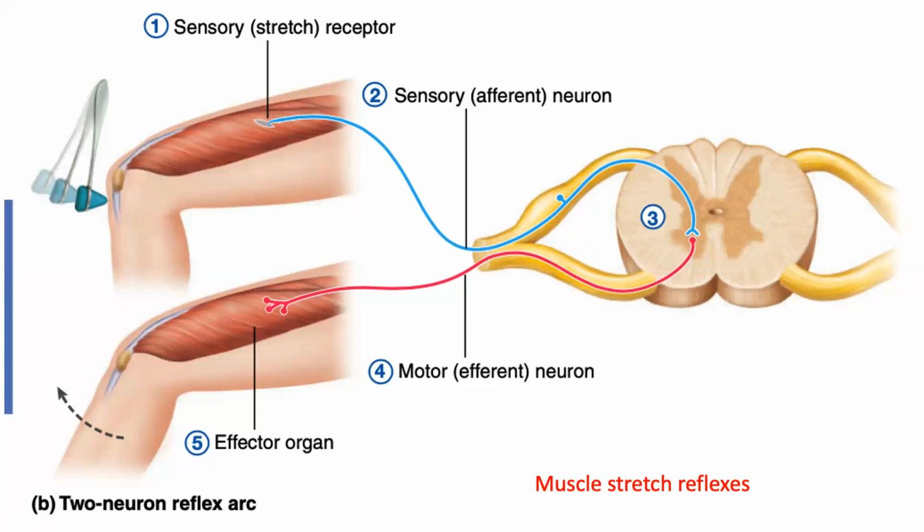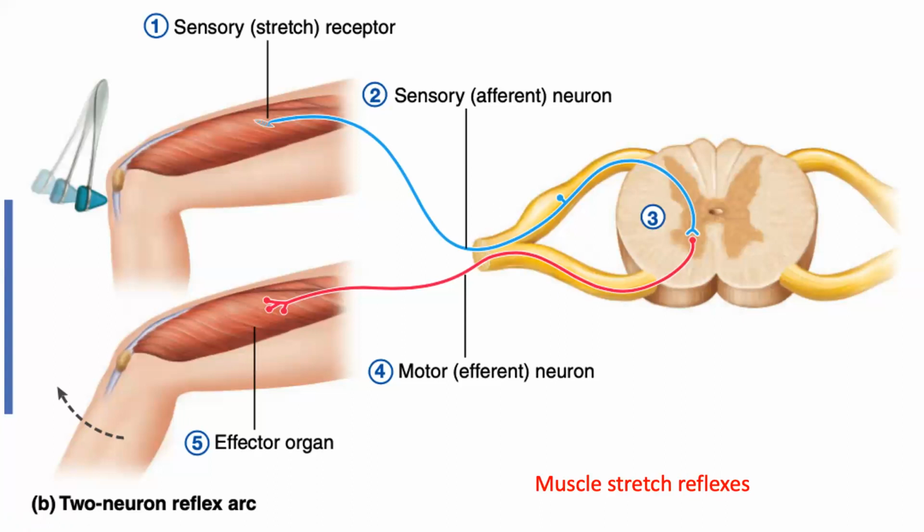rapidly. The quick stretch of the muscle tendon unit stimulates the muscle spindles, the muscle spindle receptor, and this in turn increases the firing rate in the muscle spindle.